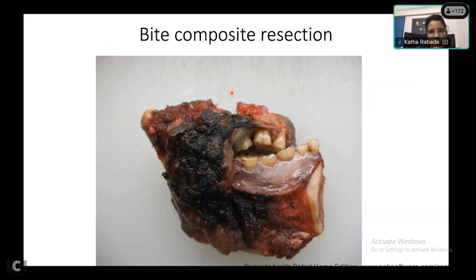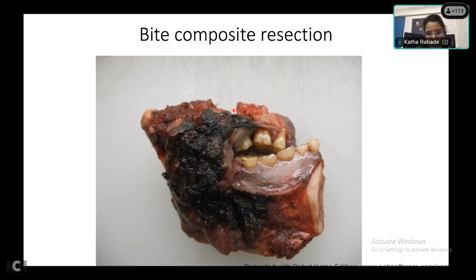This is a bite composite resection where the tumor is here in the RMT. So this will again have four mucosal margins: superior, inferior, posterior and the anterior margin. And it will have an anterior mandibular cut margin.